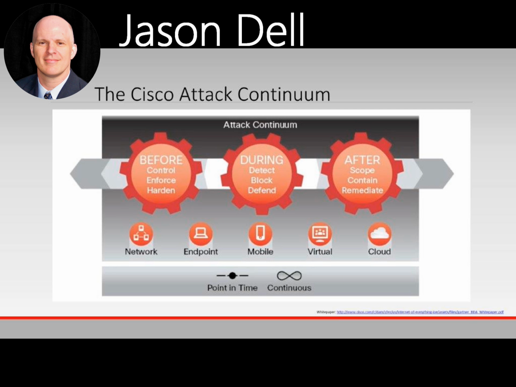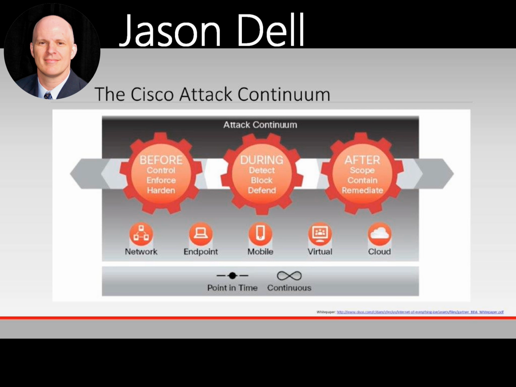If something gets through your defenses, it can catch attacks in the act and do something about it. And the after phase is unique to Cisco in that Cisco are admitting that no security solution is going to be 100%. It's not going to remove the threat. It's only going to mitigate your threat.